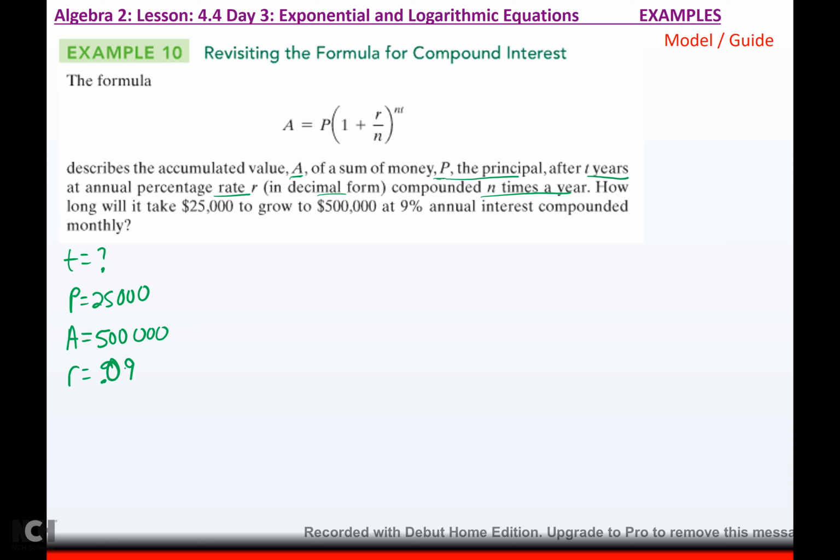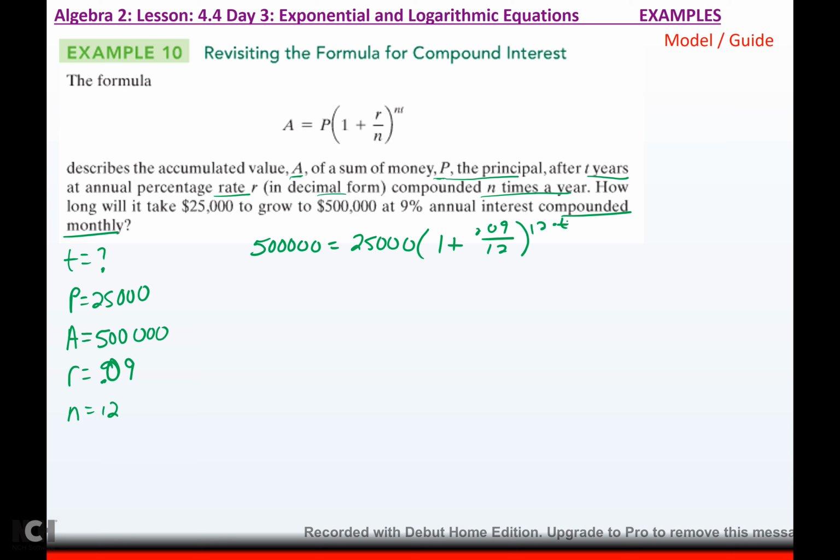And it's compounded monthly, so n is 12. So if I plug all those in, I know A is 500,000. My principal is 25,000, 1 plus my rate, 0.09 divided by 12, to the 12 times t. That's what I don't know.